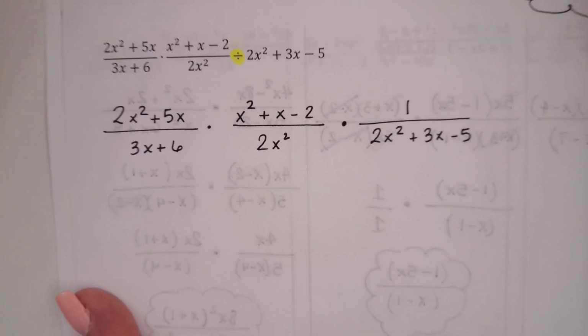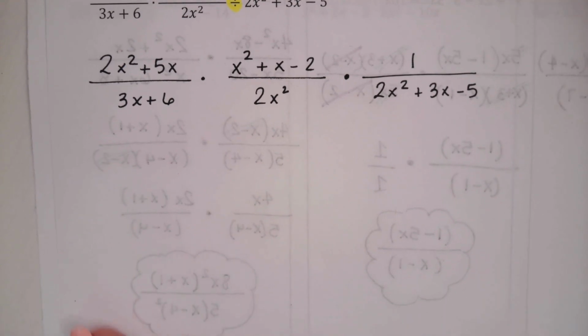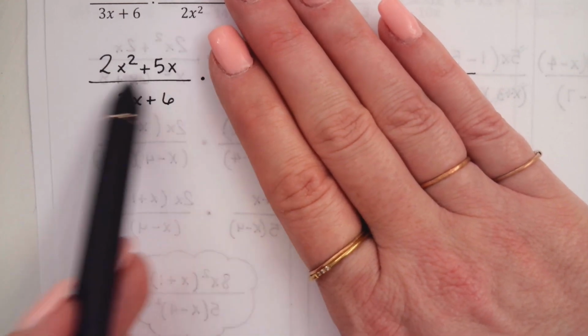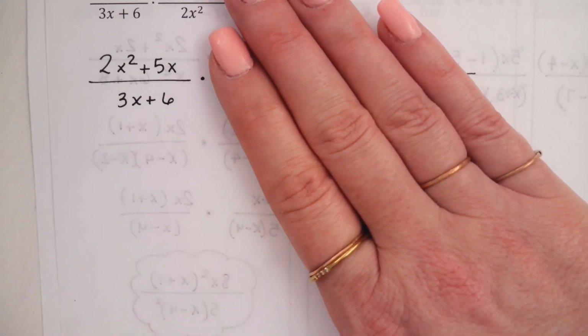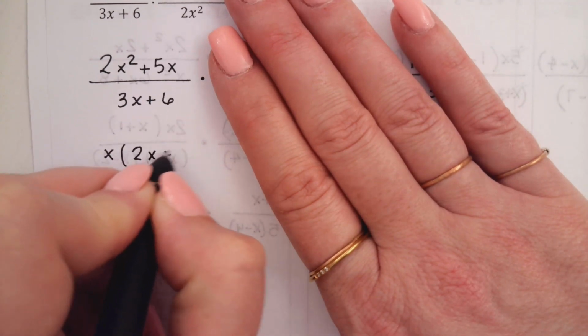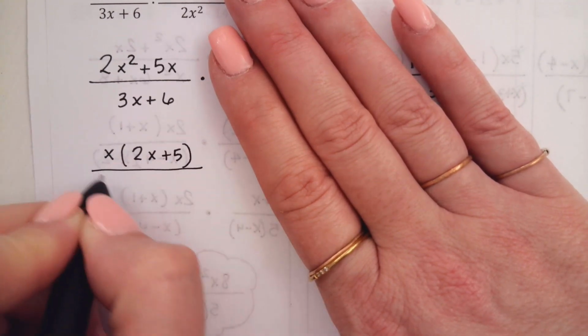All right, now that it's perfectly set up with all multiplication, we can start looking for factoring. My first fraction, what could I do to factor that? Just take out an x. Yep. Very good. On the bottom, take out a 3.